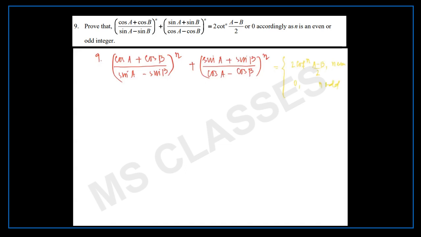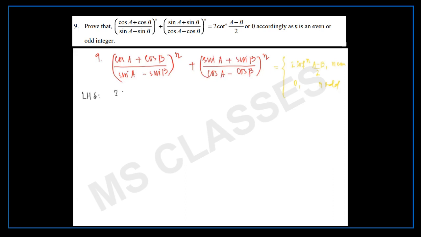Now we will obviously start from LHS to simplify. Here you can see that it is cos C plus cos D format. Here we have all the 4 formulas: cos C plus cos D, sin C plus sin D, sin C minus sin D, cos C minus cos D. So we apply one by one.